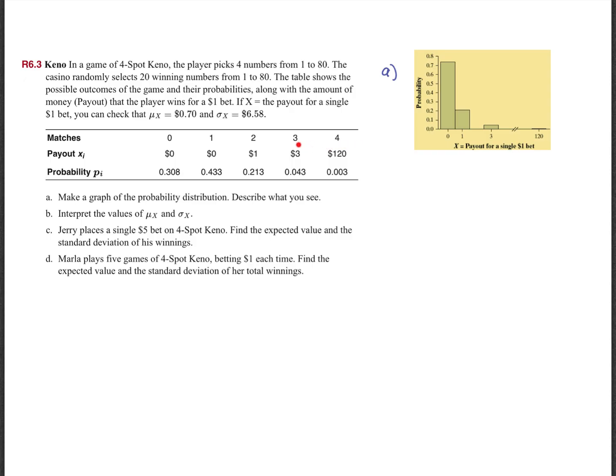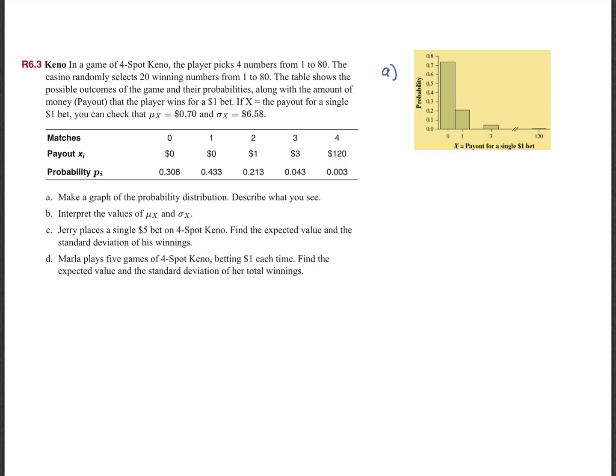Okay, so we could put the payouts into L1 and all these probabilities into L2, do one variable stats, and it would give us whatever the mean and standard deviation that they said.